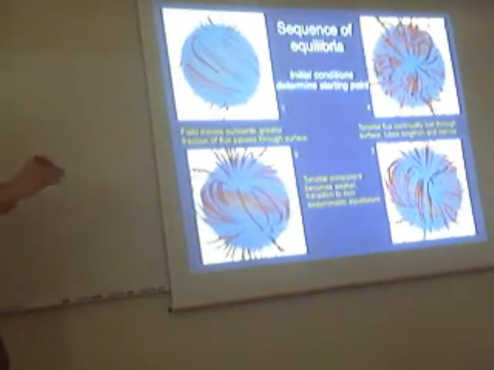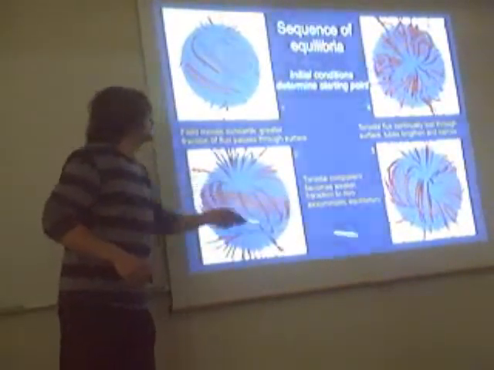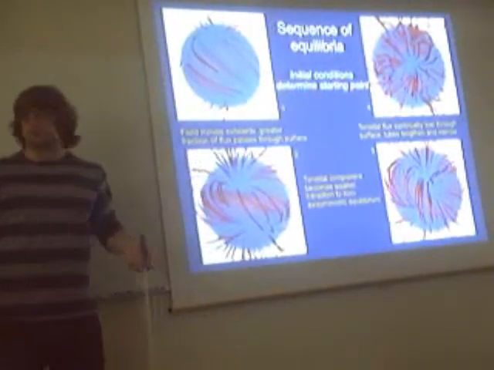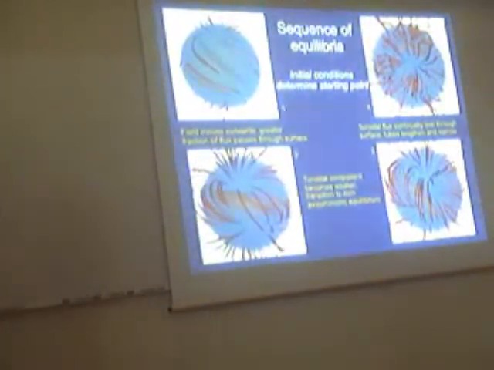Ohmic diffusion just makes everything spread out, and the buoyancy processes bring everything to the surface. So it's natural that you go from this to this. Then, because the toroidal flux is being lost faster than the poloidal, you make this transition, as I mentioned earlier, to the non-axisymmetric equilibrium, and then it becomes more and more complicated.